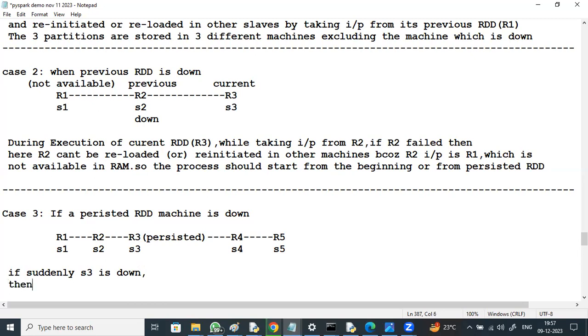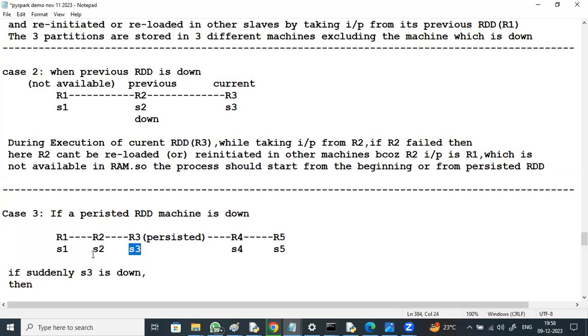Observe, the flow will be re-executed from the available source. Available source means either the RDD which is persisted, or from the beginning automatically.